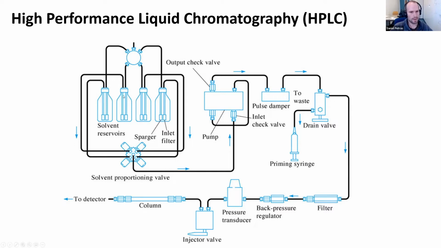So here there's, for example, 4 different solvents, which we can then mix through a low pressure gradient mixer to our desired composition, before we then put them with a high pressure pump to high pressure, and then it goes to a damper and a valve where we can inject our sample, and then through different filters, and then actually comes the injector, and then it goes onto the column and gets eventually separated.